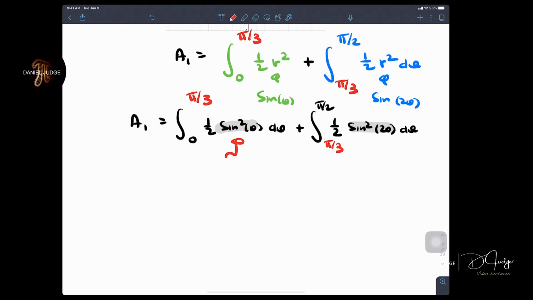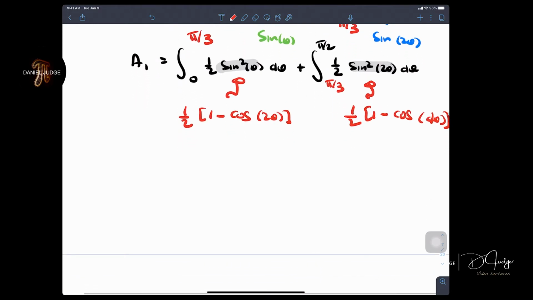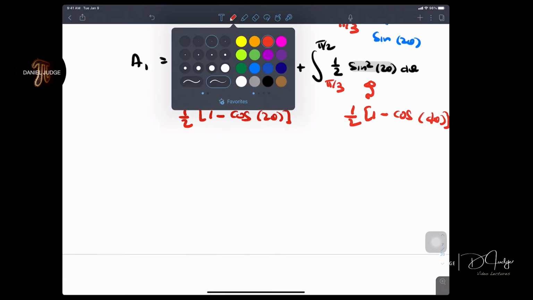Right, this is going to get replaced with 1/2. And I can put 1 minus, I think I prefer to do that, 1 minus cosine double theta. 1/2, 1 minus cosine 4 theta, because you already have 2 theta. So if you double 2 theta, you get 4 theta. And then 1/2 times here, let's see what we get for A1.